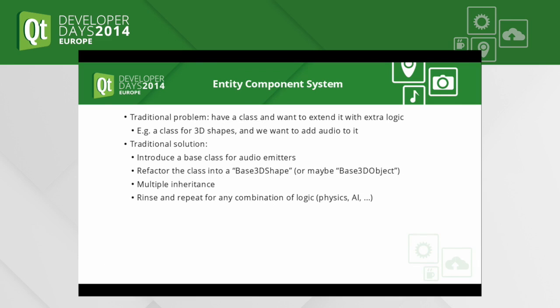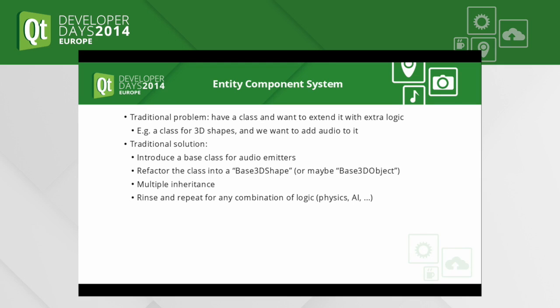This is the problem we're solving. We have a class, whether it be a mesh or a 3D node object. We want to extend it with some extra logic. So we don't want to have to start adding sound emitter functionality onto our mesh class, or adding physics rigid body functionality onto our mesh. That would rapidly get complicated. And you can see what would traditionally happen here.